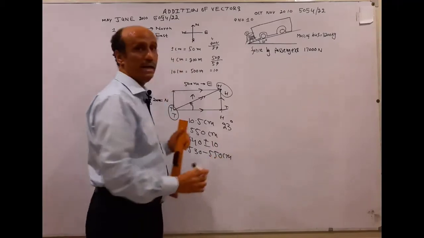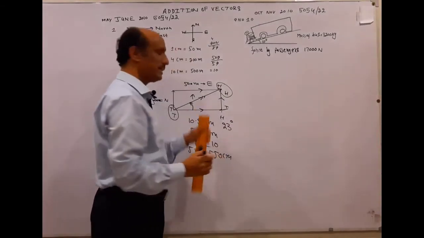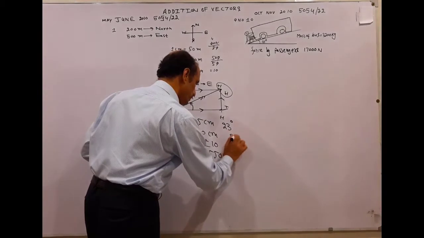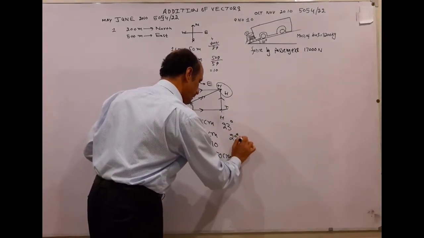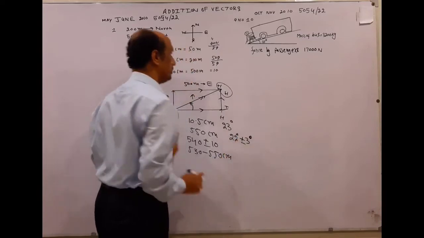And 23 is the answer which I got, but in the mark scheme the answer is 22 degree plus minus 3 degree. So there can be variation in the answer.